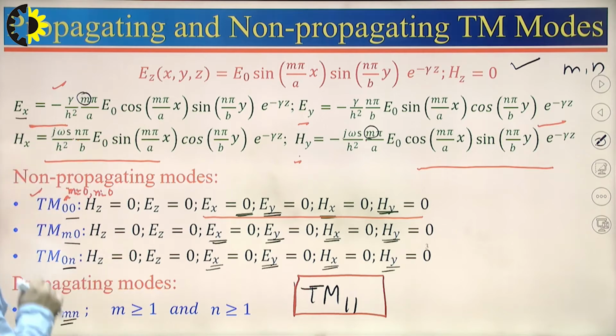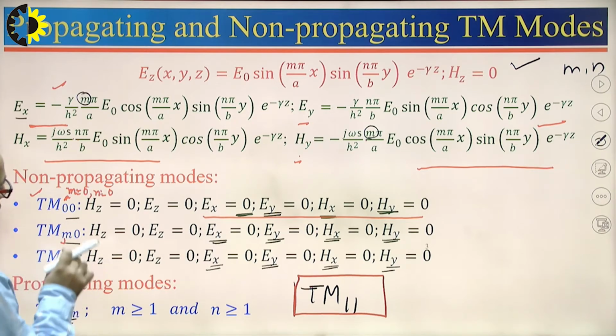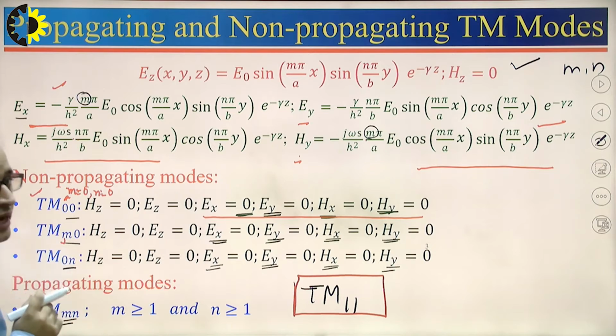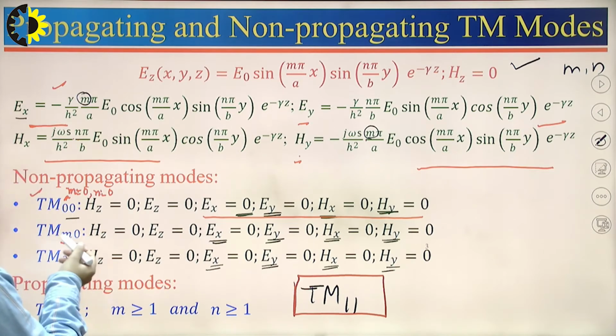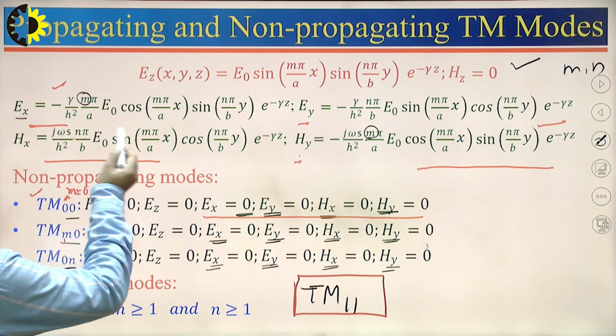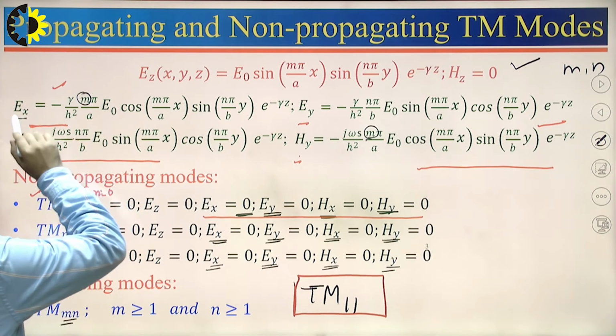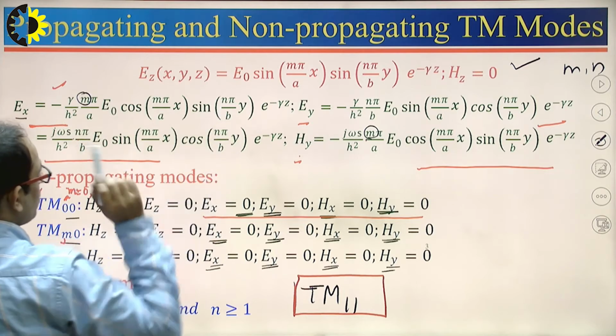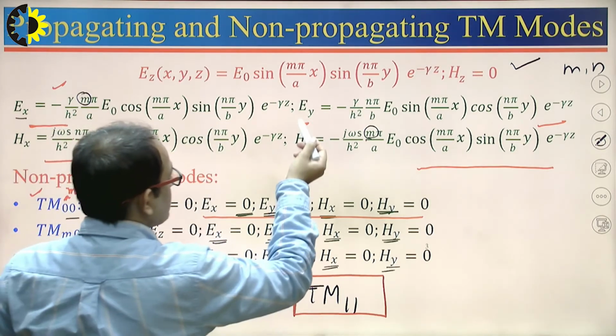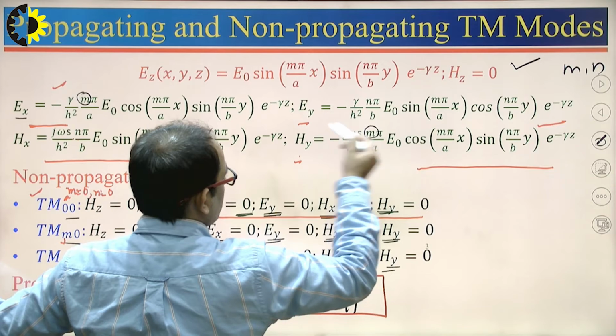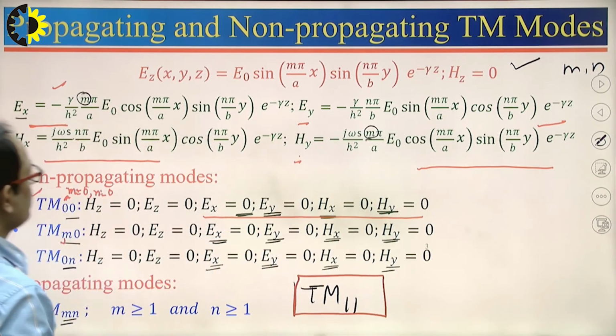Now see, TM0m can have any value 1, 2, 3, 4, but when n equal to 0, this field also does not exist. How? When I am putting n equal to 0, Ex comes out to be 0 because sin 0 equal to 0, and Ey comes out to be 0 because n equal to 0; the whole equation comes out to be 0.